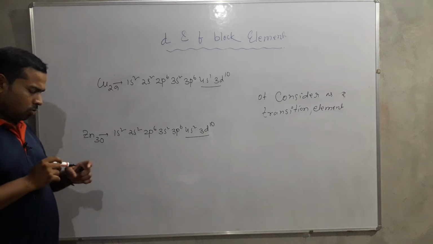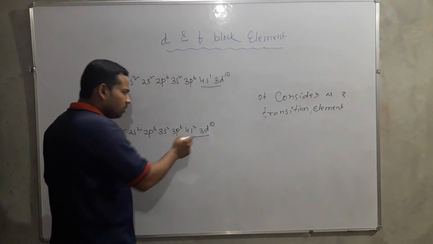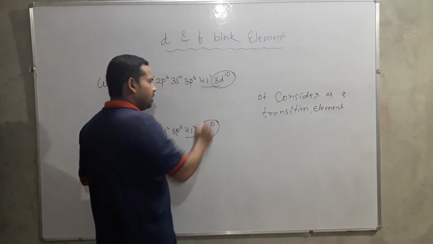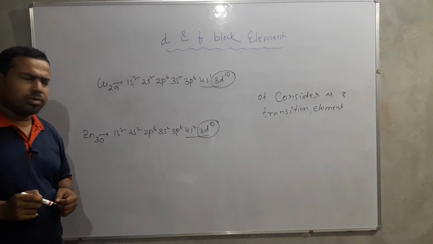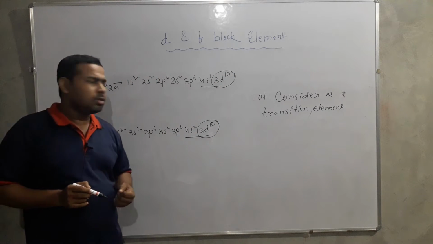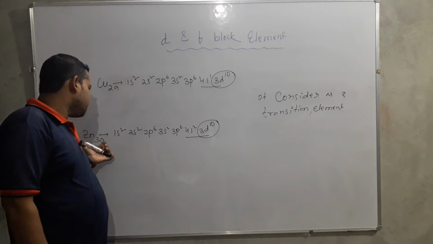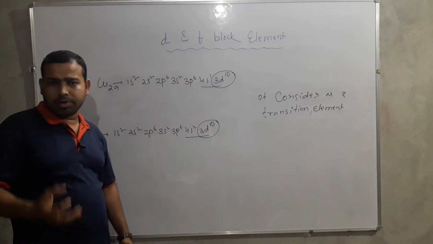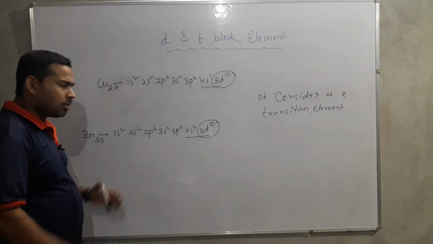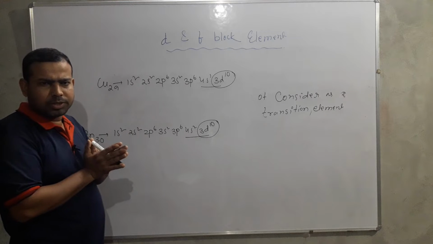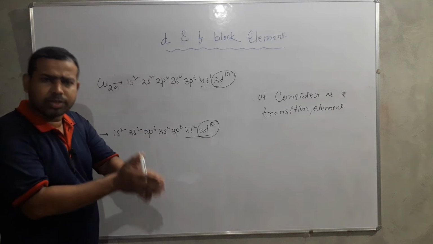Actually, copper and zinc both have the same 3d10 configuration. Despite this same number of d electrons, copper is considered a transition element, but zinc is not. Why? We consider copper in aqueous medium.